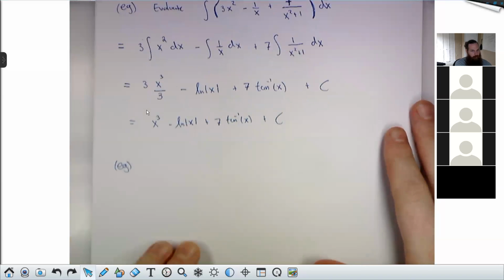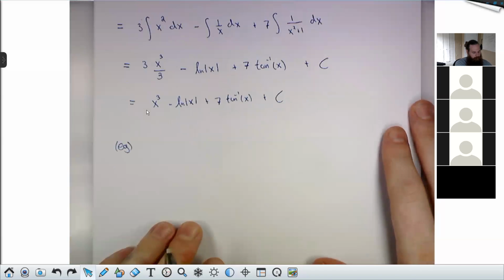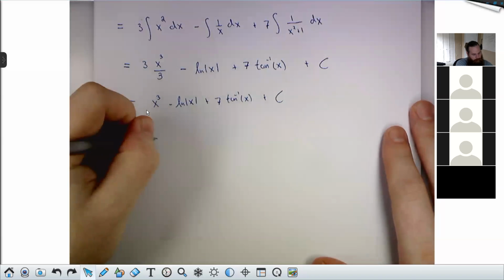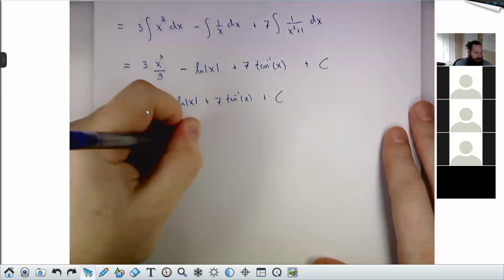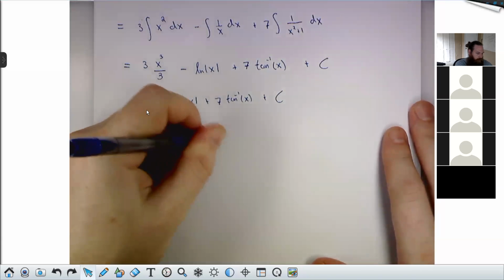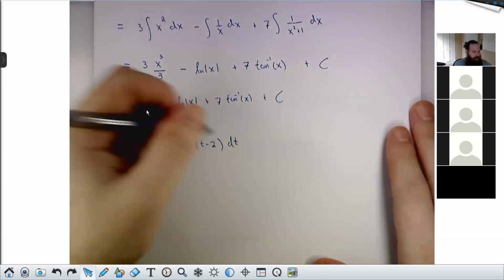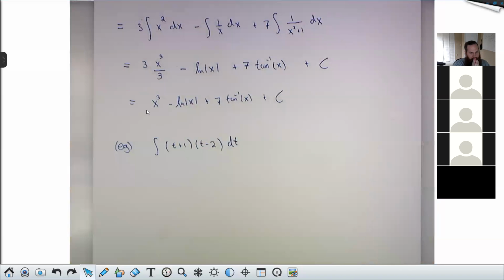Okay. So moving along then, how would I do this? I want to integrate quantity t plus 1 times quantity t minus 2.